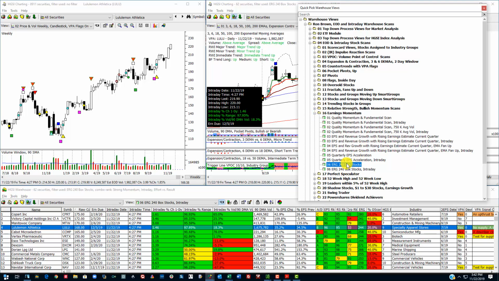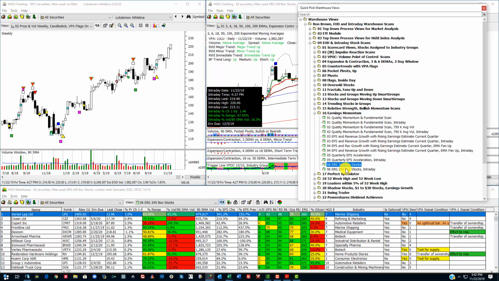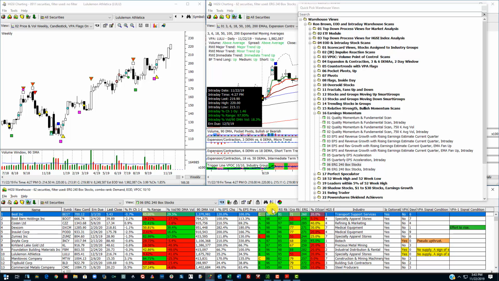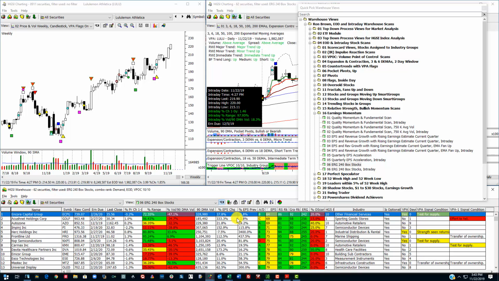Now, this one is not generally considered an earnings momentum stock, but I put these screens in here because the EPS rank is generally pretty high. Let me sort on this, and you can see it varies from 98 down to 64.